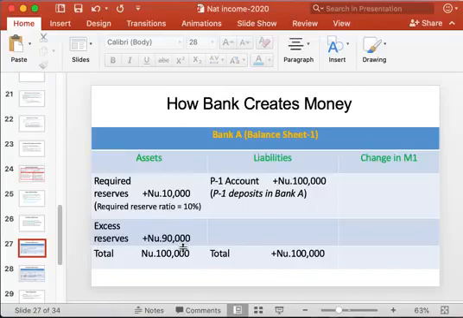Now, Bank A has an excess reserve of 90,000 Newton, which, if other people in the economy want to take a loan, Bank A can provide a loan worth 90,000 Newton.